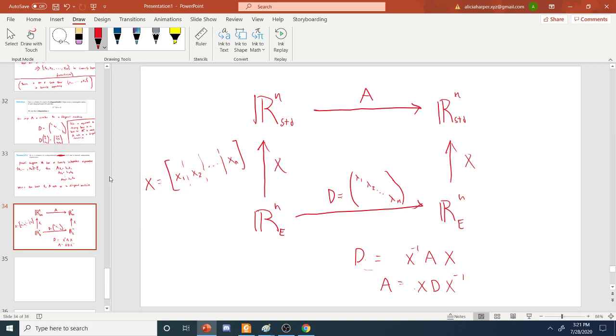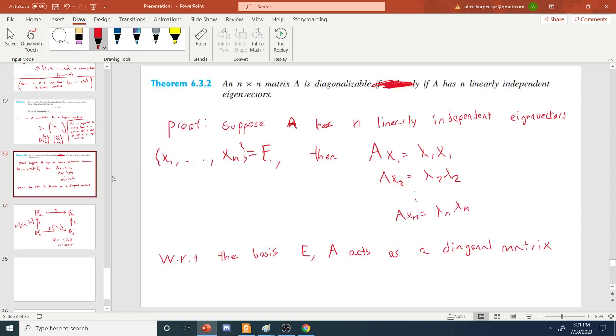So this right here basically shows that the matrix A is similar to the diagonal matrix D. And all I needed for this to be true was that A had n linearly independent eigenvectors.